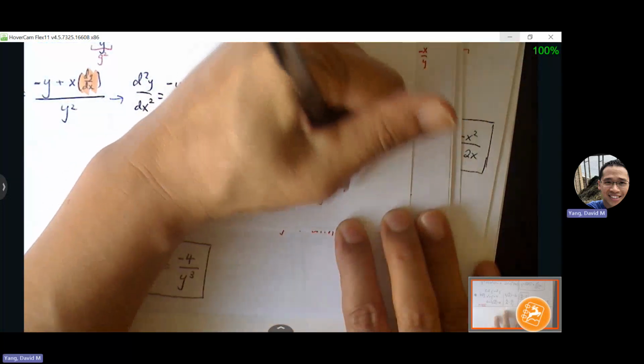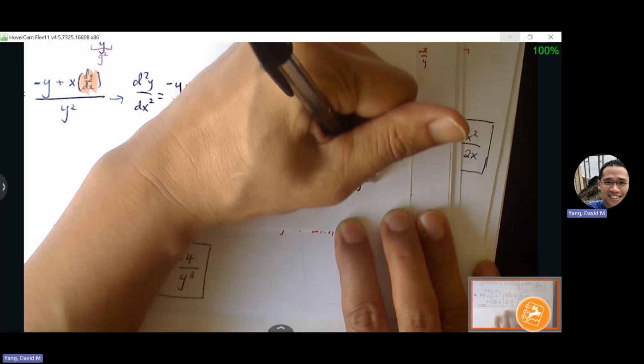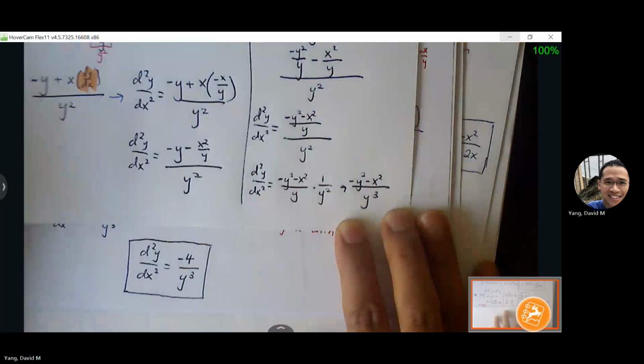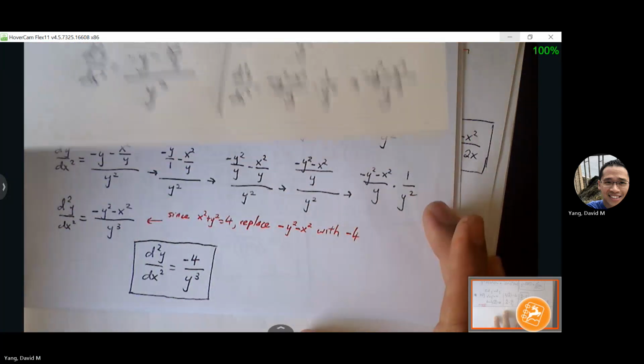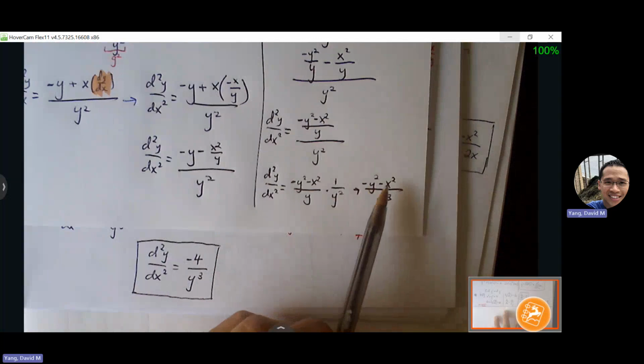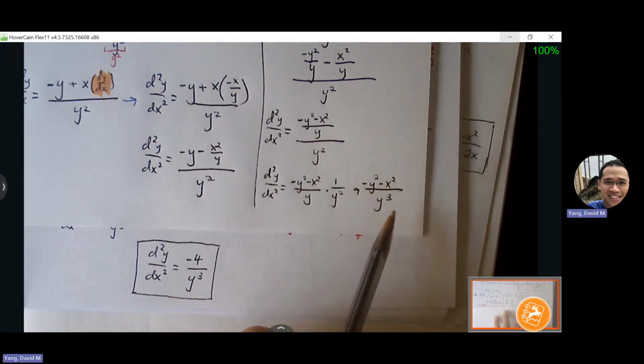Merge those together, I get negative y squared minus x squared all over y cubed. But we can actually go one step further. If you saw this on the multiple choice question on the AP exam, they're going to reduce it even further.